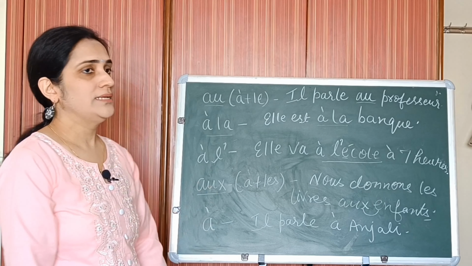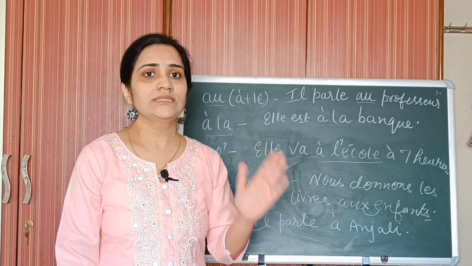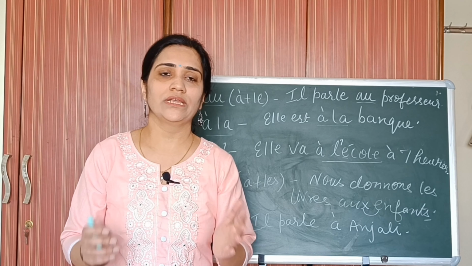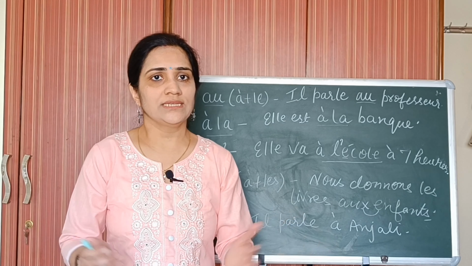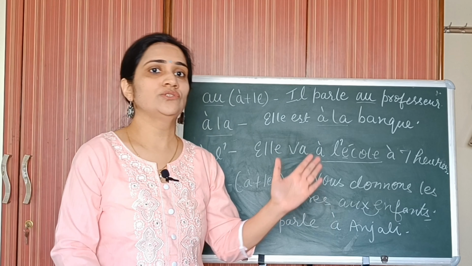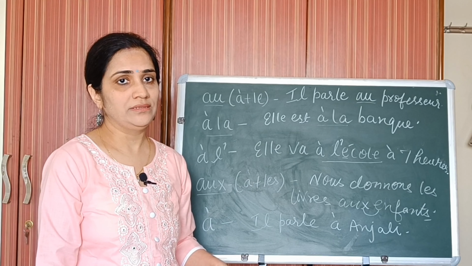Now the last one is, suppose you have to use this category with a proper noun. With a proper noun, even in English, in such cases we usually omit articles. Here also we have to use only the preposition and omit the articles.